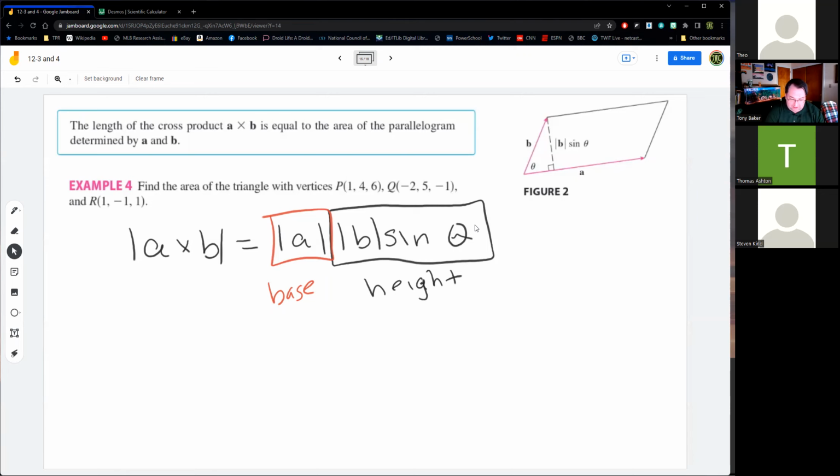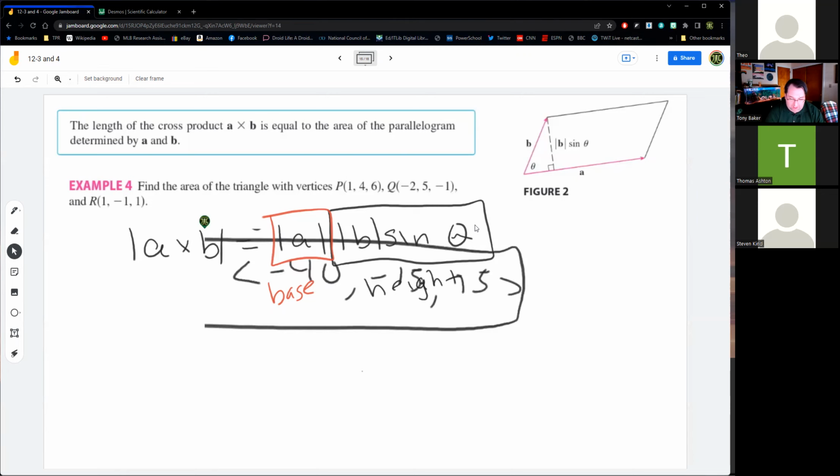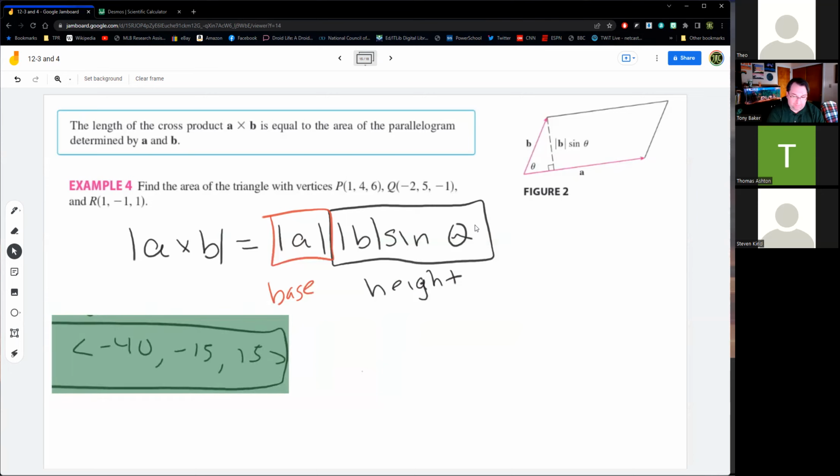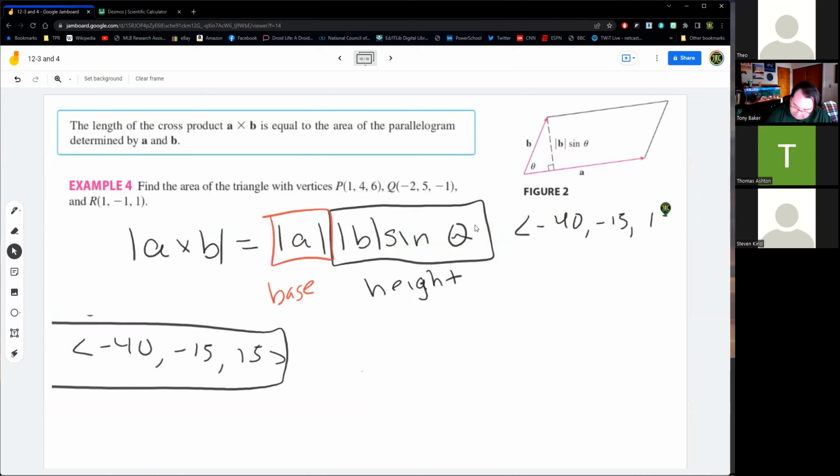That's the cross product, because I've already done that part. So we've got negative 40, negative 15, and 15.